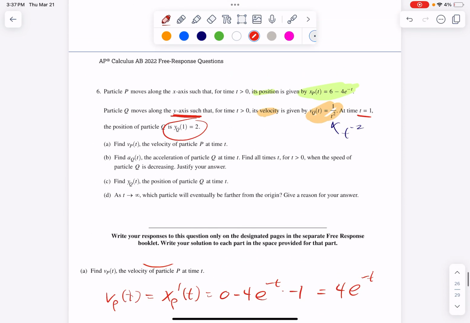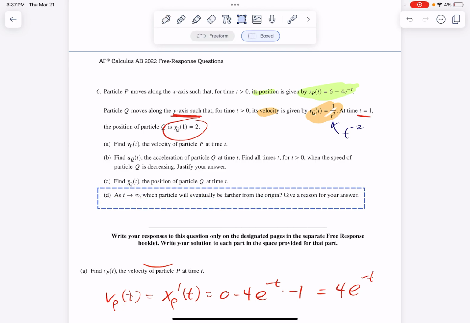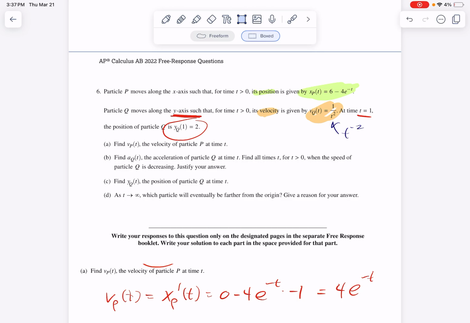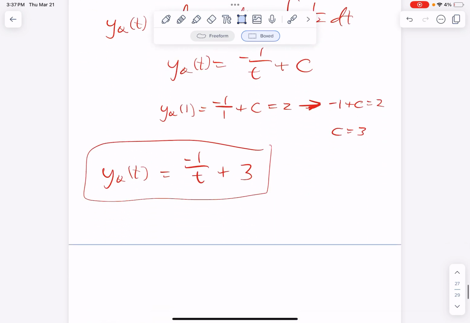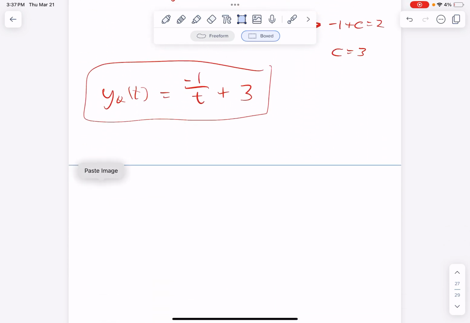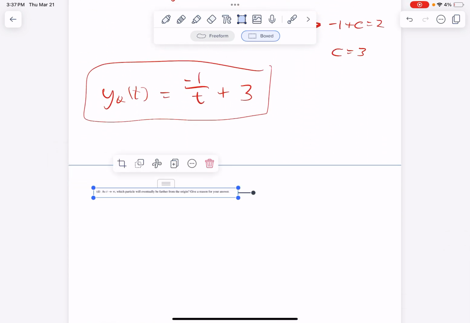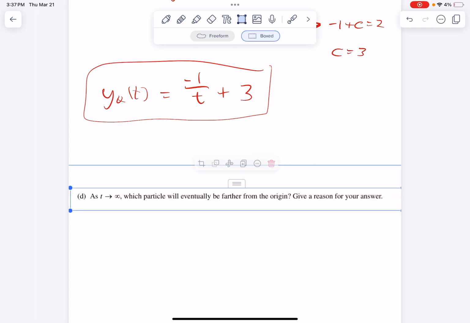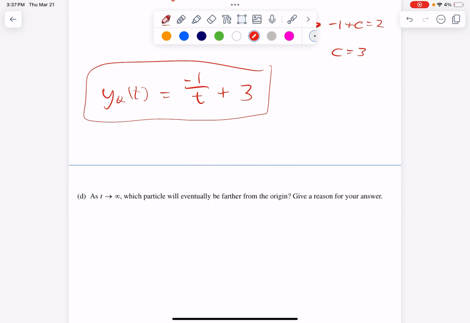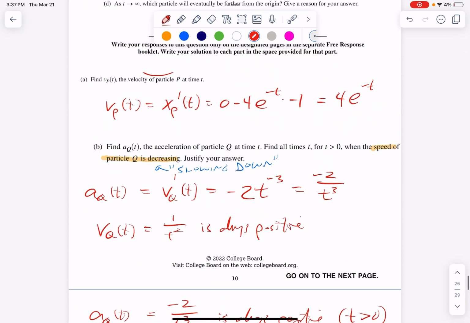And then finally, with 4% to go on battery, let's see if I can do this. As t approaches infinity, which particle will eventually be farther from the origin? So let's think about the limit of the position function. So the limit as t approaches infinity of xp of t. Let's find that formula.